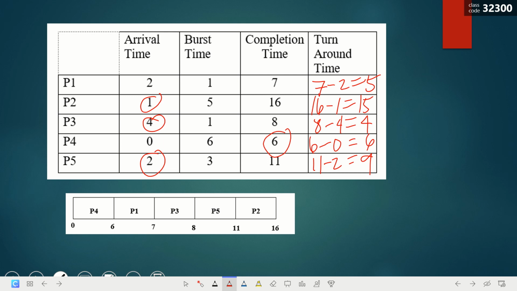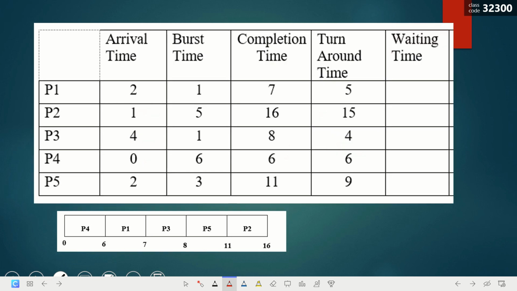Now, since we already computed the turnaround time, let us compute the waiting time. The waiting time is the turnaround time minus the burst time. So, our turnaround time is 5 less the burst time, which is 1.